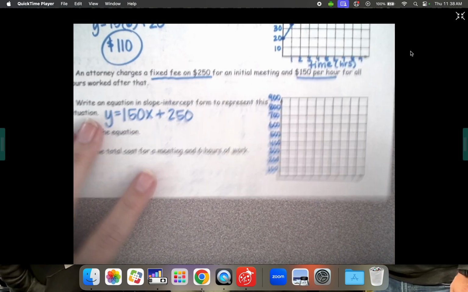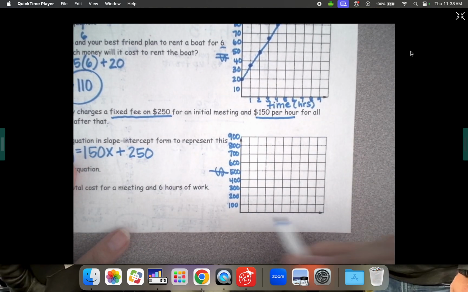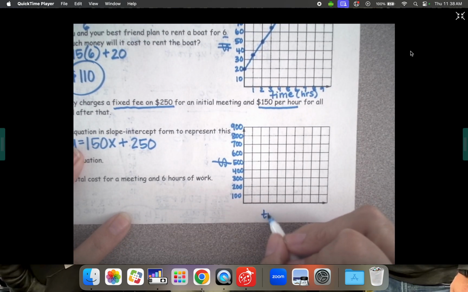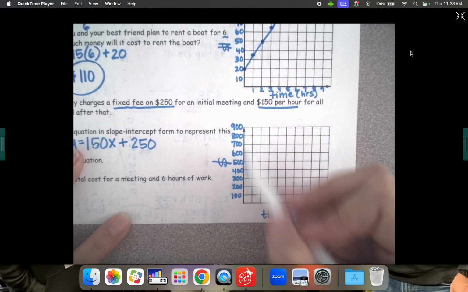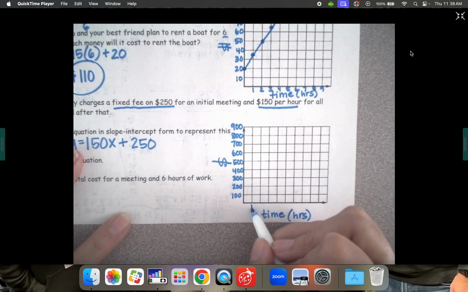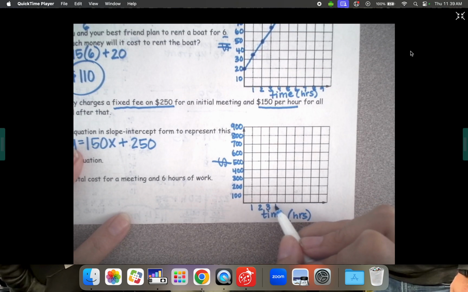And remember, money is always your y-axis, and time, which this is per hour, is always your x-axis. I think, did I say x over here? Anyway, money is y, time is x. Okay, so 1 hour, 2, 3, 4, 5, 6, 7, 8, 9, 10.